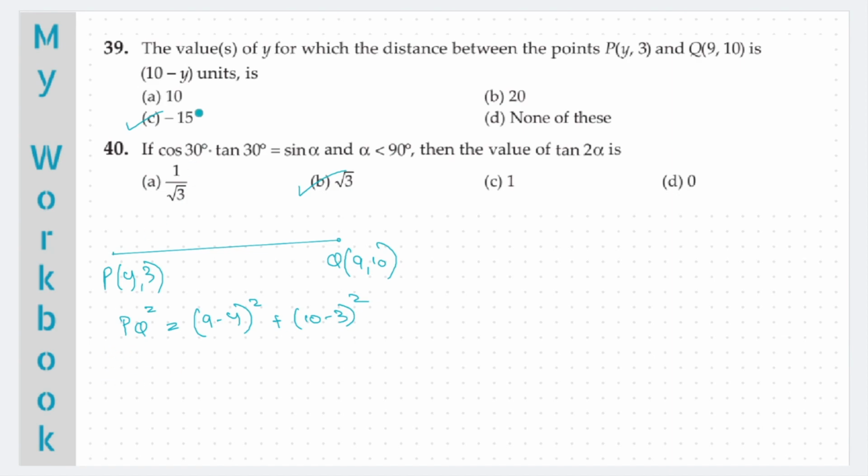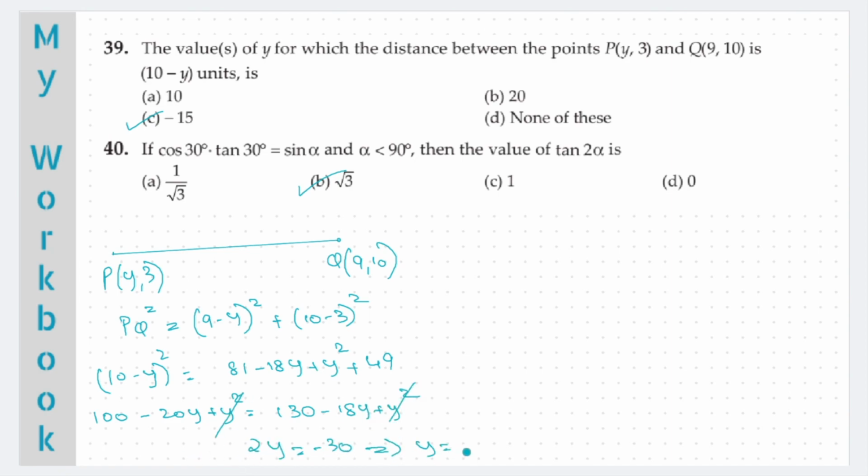PQ, the distance is given as 10 minus y. So we can write 10 minus y the whole square is equal to 81 minus 18y plus y square plus 10 minus 3 is 7. 7 square is 49. So we get value of y as minus 15.